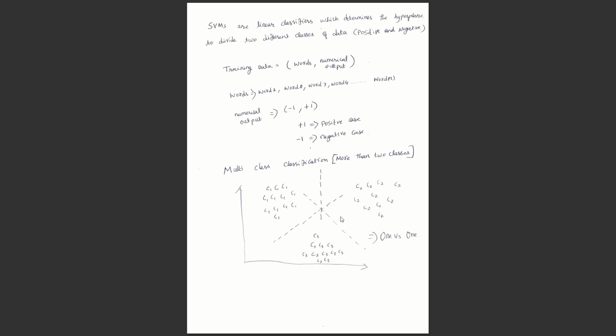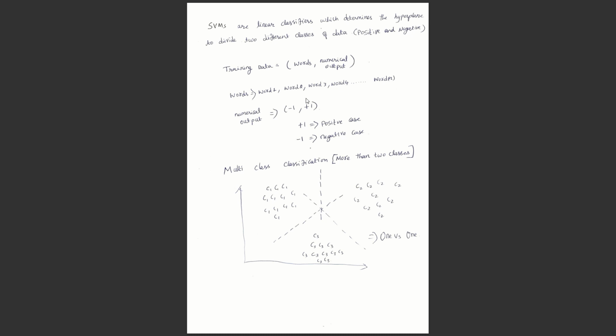Let's say, for example, of course, the training data: we have the customer reviews in words, and the output would be either positive or negative. Let's have it as numerical output, +1 and -1. This is how the training data is, and the test data would of course follow the same order, and we have to find out if that matches what the support vector machines give out.